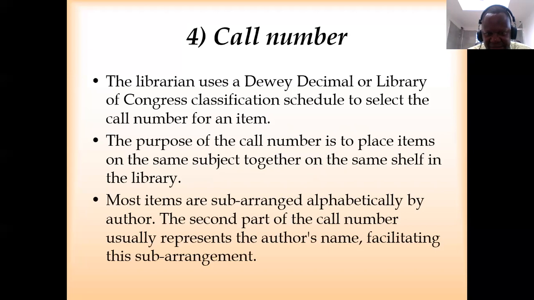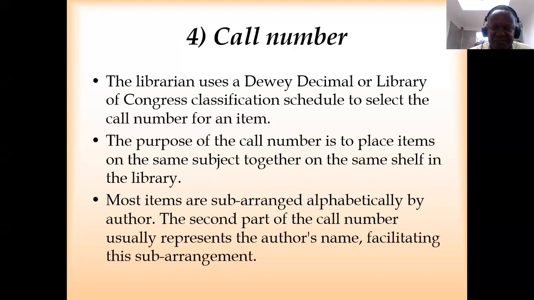Most items are sub-arranged alphabetically by the author. So the second part of the call number usually represents the author's name, facilitating this sub-arrangement. So for yesterday's publication, it wasn't the author's name that we used because the main entry was under title.